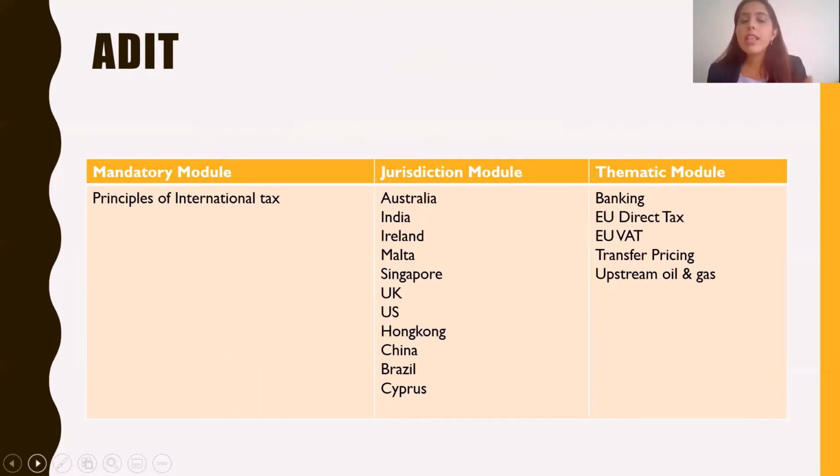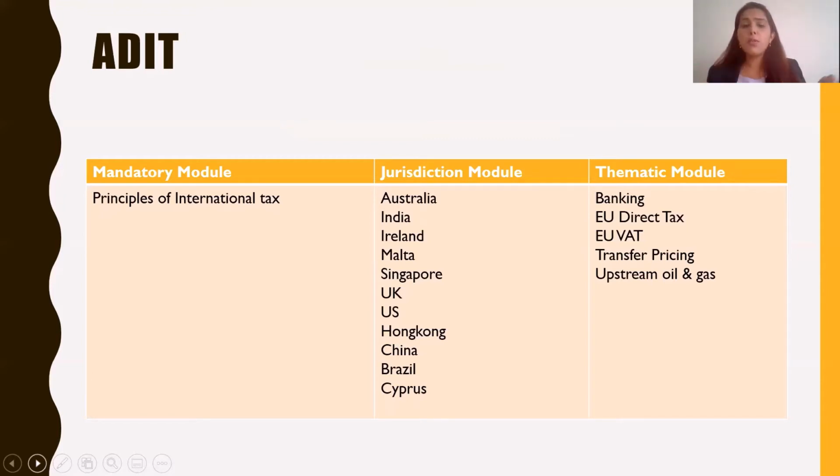Now, you can select any 2 papers from the jurisdiction or thematic modules. Paper 1 is compulsory, which is Principles of International Tax. So you could opt for one of the jurisdiction modules and one of the thematic modules, and decide accordingly based on your preferences and what you really want to learn.